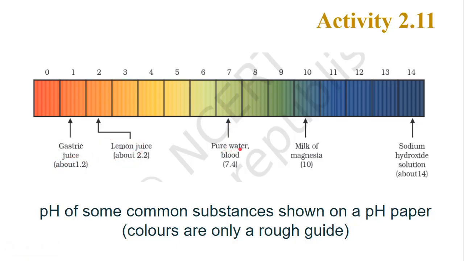Then pure water is 7, blood is 7.4, milk of magnesia has a pH of 10, and sodium hydroxide solution has a pH of 14. So lemon juice is acidic in nature. We can say that because its pH level is less than 7, as it is 2.2. So here are the pH values of some common substances shown on a pH paper.